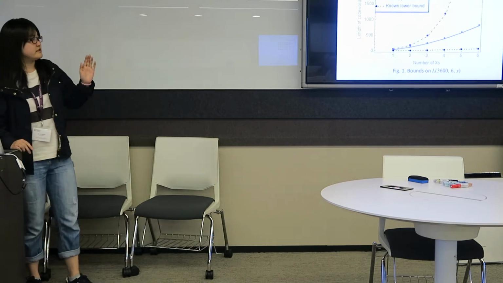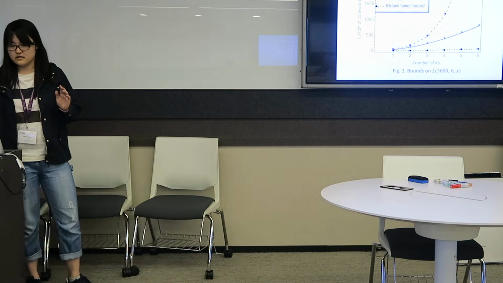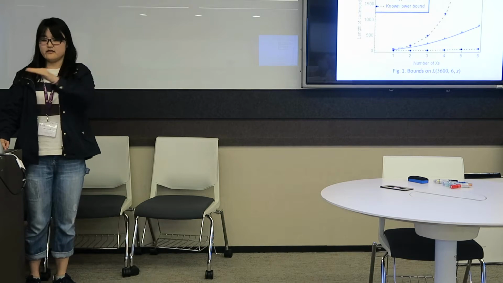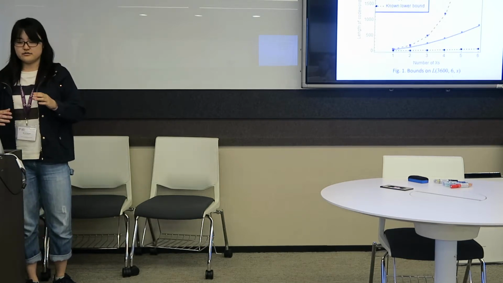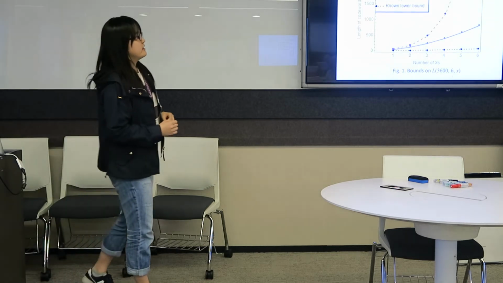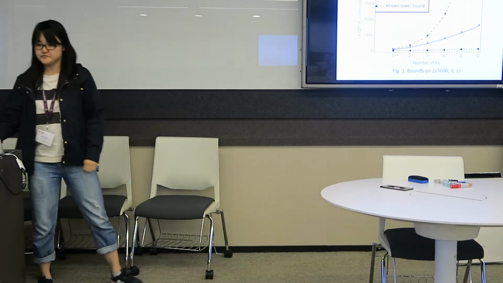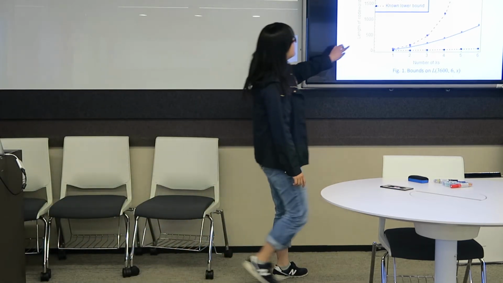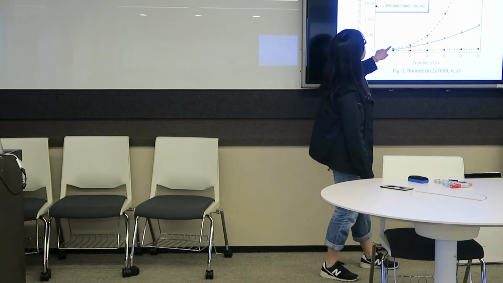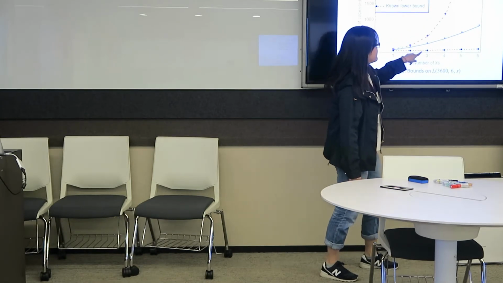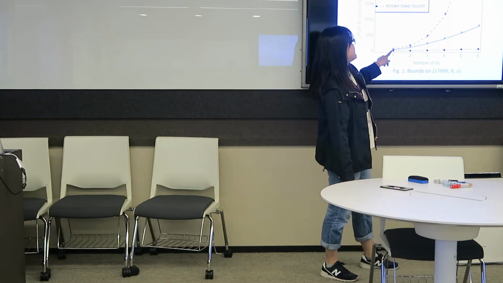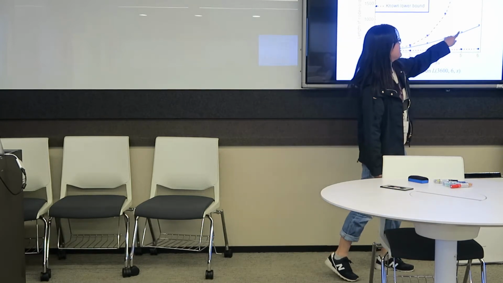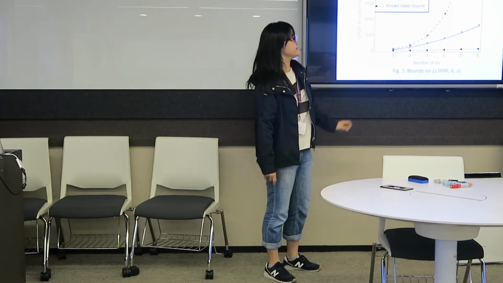The vertical axis shows the length of code of X code by each cell, and the horizontal axis shows the number of unknown logic values, X. This purple dotted line is the known upper bound, the black dotted line is the known lower bound, and this blue line is the new upper bound.